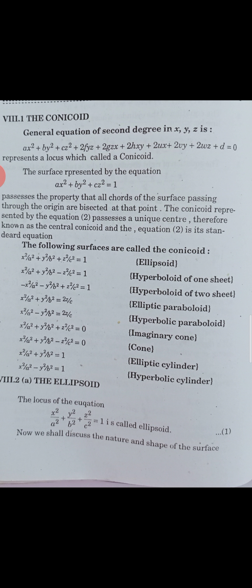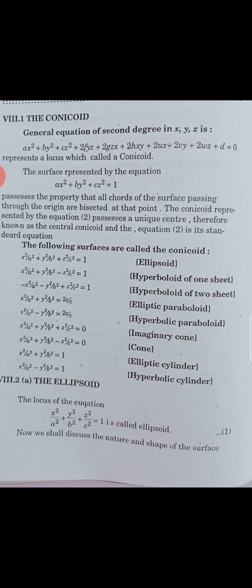These points are on a straight line through the origin and equidistant from the origin, as the origin is the middle point of the line joining them. Hence the origin bisects every chord which passes through it, and on this account is called the center of the surface. Thus the origin is the center of the ellipsoid of equation 1.